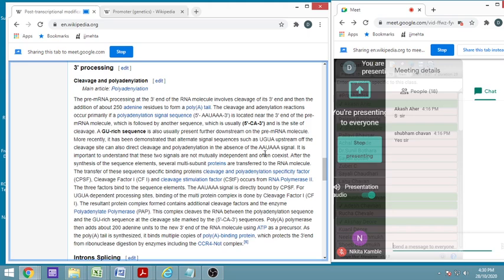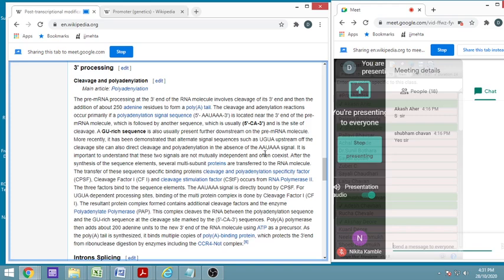More recently, it has been demonstrated that signal sequences like UG, UA upstream of the cleavage site can also direct cleavage and polyadenylation in the absence of these signals. So, these are how these things are being done. These are important particularly for sequence specific binding proteins for cleavage and polyadenylation.